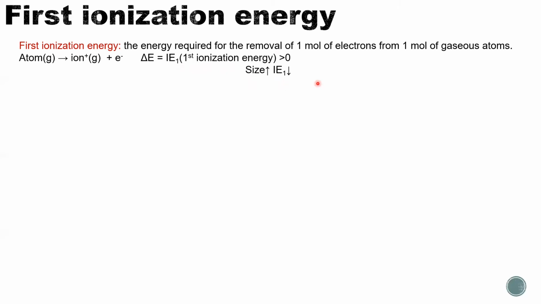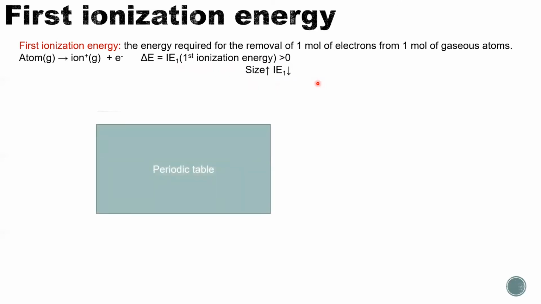It's easy to understand: if the size of the atom is bigger, the electron is far away from the nucleus, and very likely the effective nuclear charge is smaller, so it's easier for these electrons to be pulled away. So if we look at the periodic table, from left to right, the atomic size decreases, so the first ionization energy increases. And from top to bottom, the atomic size increases, so the first ionization energy decreases.